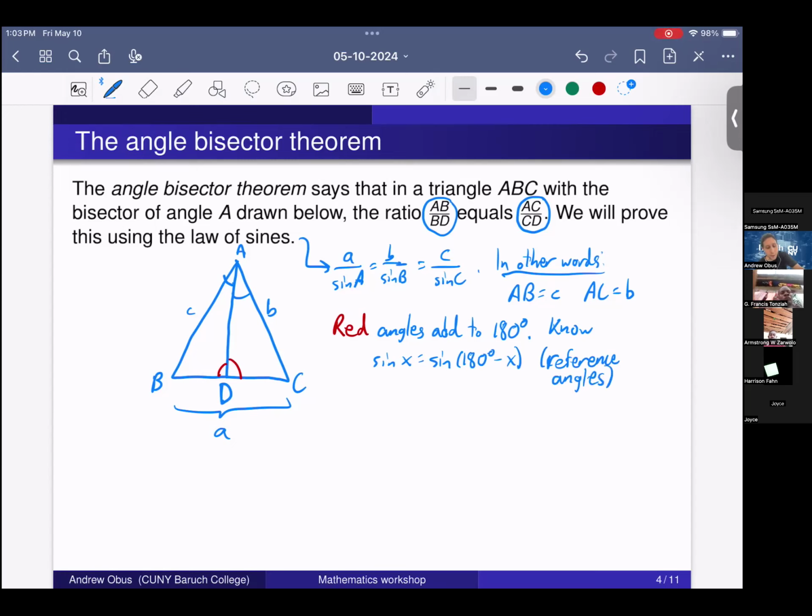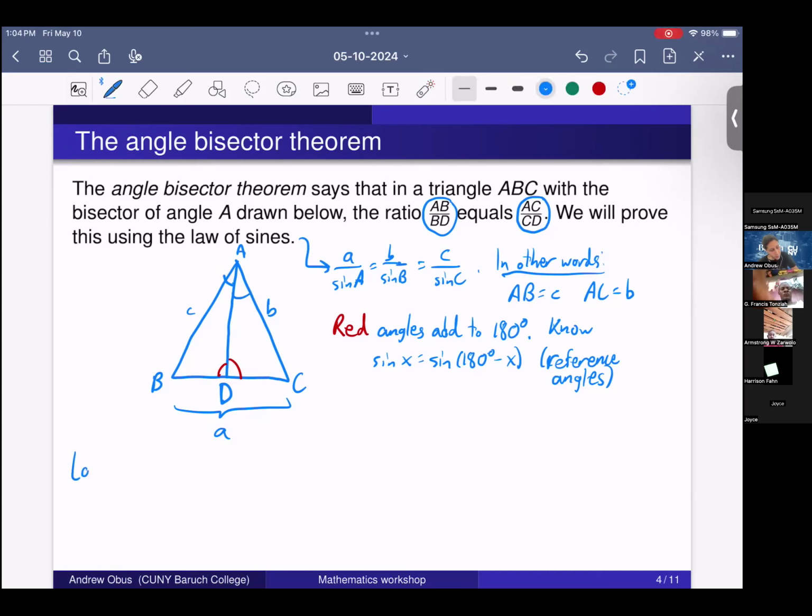For example, sine of 75 degrees is the same as sine of 180 minus 75, which is 105 degrees, because 105 is the reference angle for 75, and if one's in the first quadrant, the other's in the second quadrant, and sine is positive in both. So these red angles have equal sines. In the proof, I'm going to call these the red angles, and these individual ones here the blue angles.